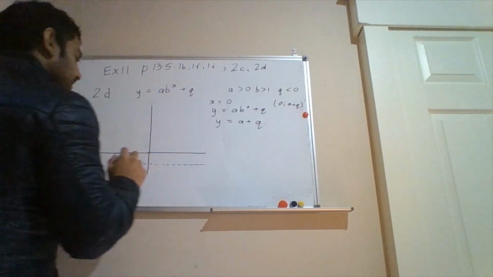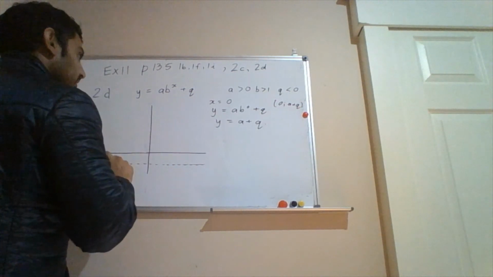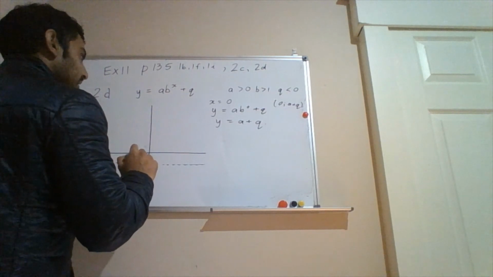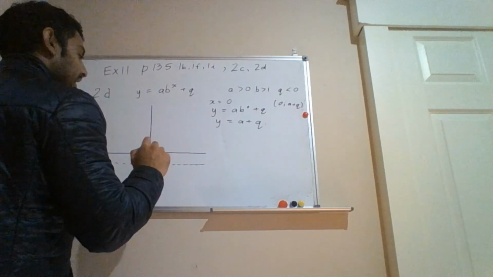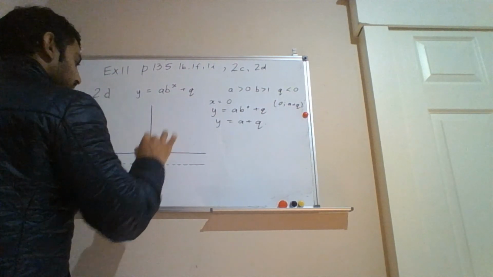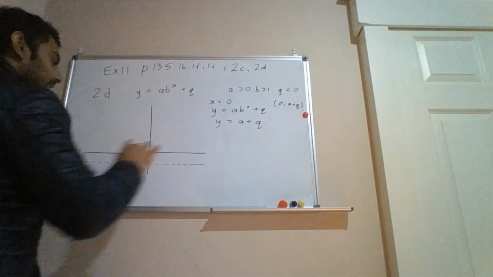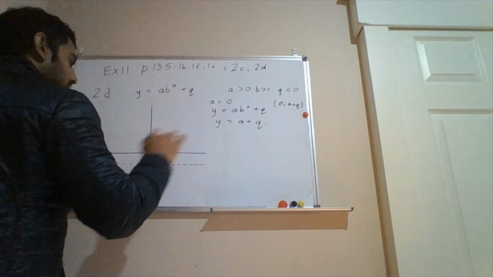And our x-intercept, so our graph would do something like this. And when x equals 0, y equals to a plus q. So all we're doing is from the value q, we're going up a units.